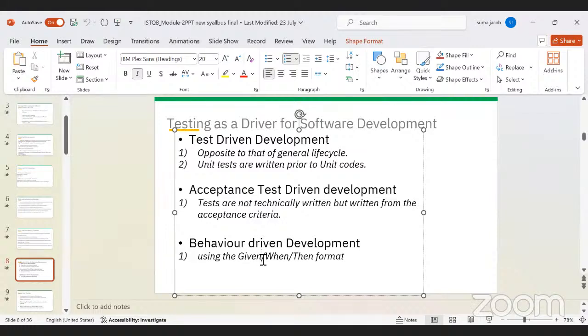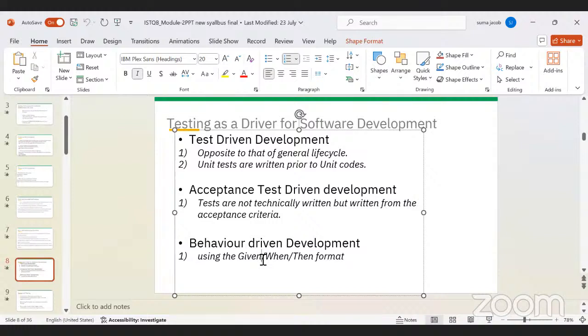They define a particular feature, say login. They define it using the given-when-then format, and describe the expected behavior of that particular feature. These scenarios serve as the executable specification that would actually drive or guide the development and other processes.